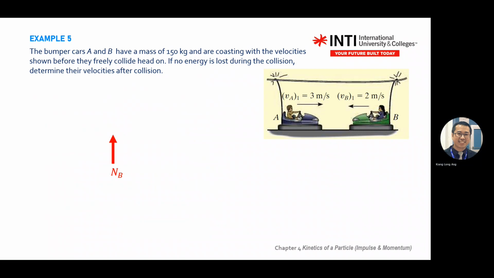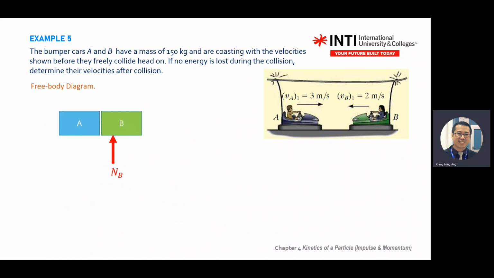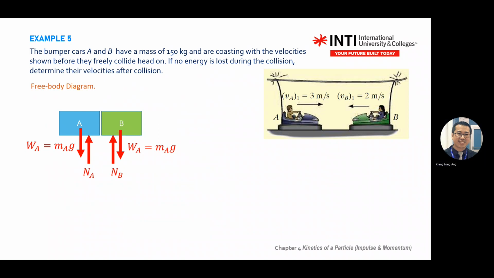So here, same, you draw the free body diagram of A and B when they bang together. Remember to draw all the forces. This one is on the ground, right? So you have W and NB, and then the force between the two bodies.